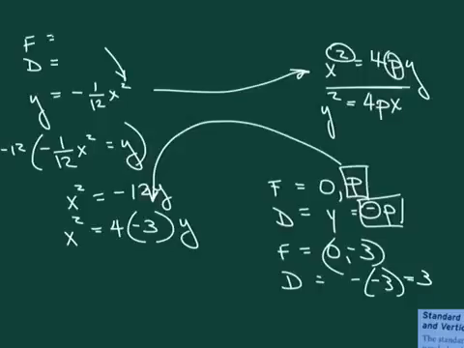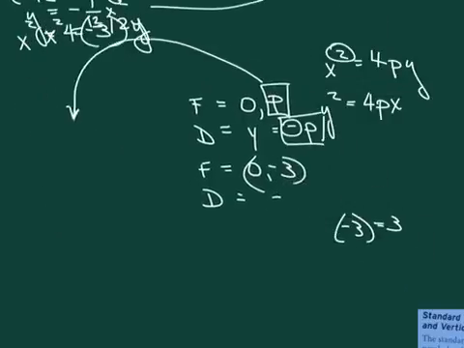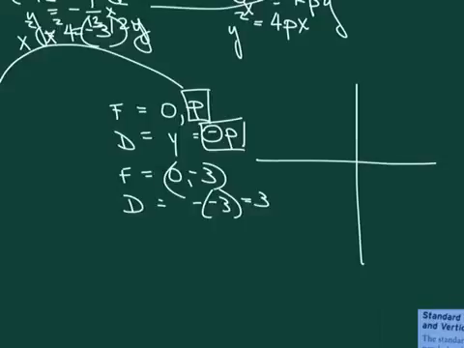Okay, and if I were to graph this, there's my focus, my directrix. Let's get some stuff out of the way so we can show what this would look like graphed. My focus is at 0, negative 3. My directrix is going to be at positive 3, and that would be 1, 2, 3. It would not be 3 above this, because that would be at 0. It would be at positive 3.